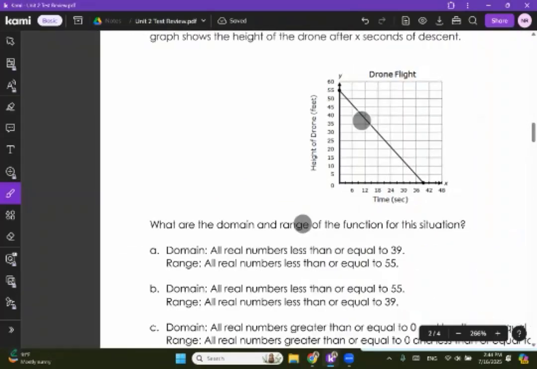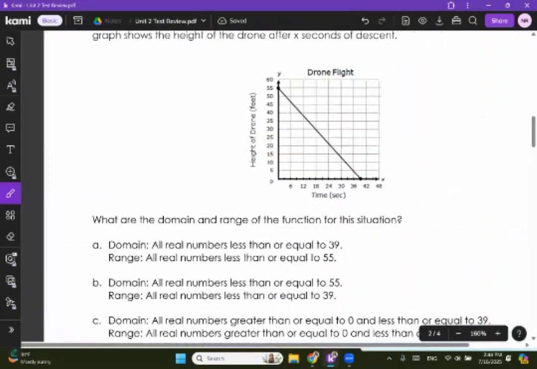Here it's a domain and range question, but look at your answer choices. They are in the form of words. So I'm going to first label my points, 0, 55. And 30, what's in between 36 and 42? 39, 0.